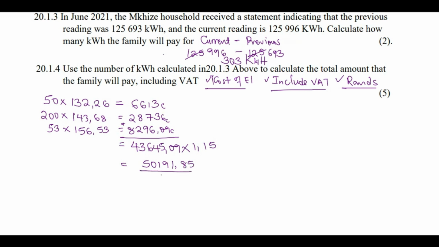And you divide by 100. You get your final answer as 501,92. This is also another method. You calculate them using cents, then you change to rands at the end. It's fine.